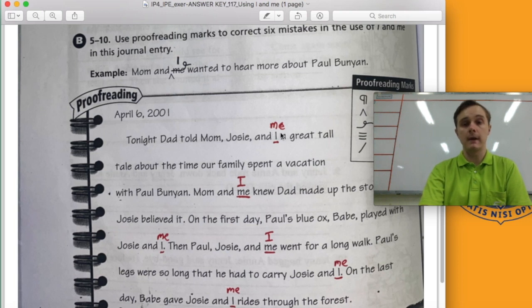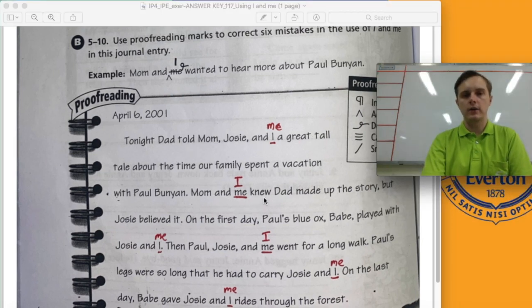We need to use me instead of I because it's the object of the sentence after this verb told. Mom and I knew Dad made up the story, but Josie believed it. We need to use subject pronoun I at the beginning of the sentence before the action verb knew.